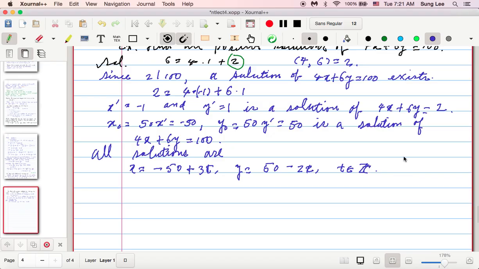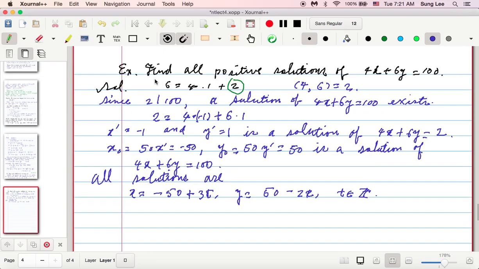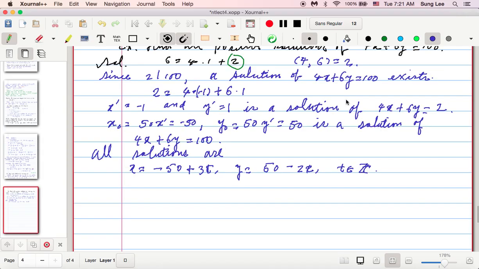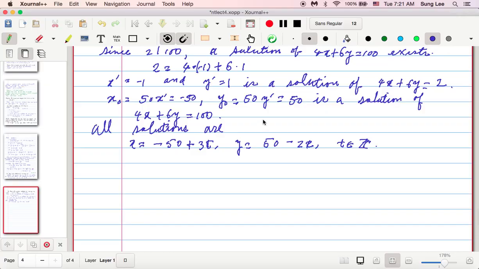But that's not what the question is asking. The question is asking to find all positive solutions of 4x plus 6y equals 100. So we have to impose the following condition: x has to be positive and y has to be positive. In other words, negative 50 plus 3t is positive.